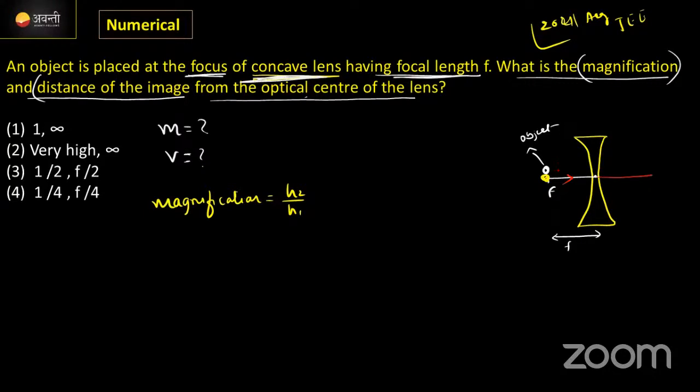Second ray of light, if I introduce it here, incident here, it will diverge in this direction. These two light rays will never meet each other on the right-hand side. Then what do we need to do? We need to extend this refracted ray backwards. Then it will touch us here.